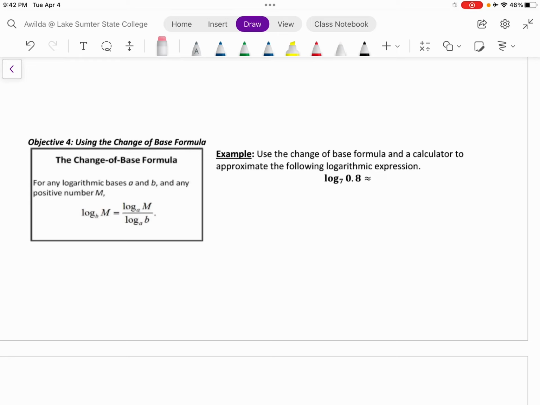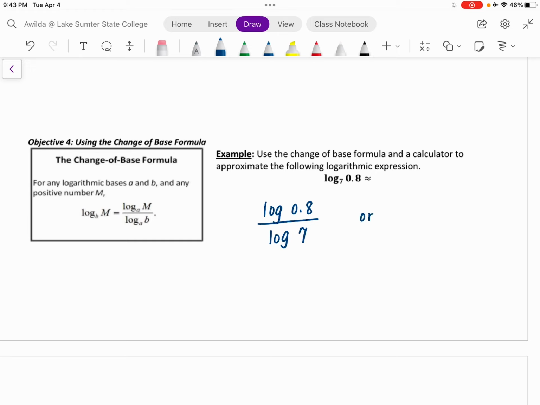In the following example, we want to approximate the logarithm base 7 of the argument 0.8. There are two ways that we can do this. We can write this as the common logarithm, or logarithm base 10 of 0.8, divided by the common logarithm of 7.